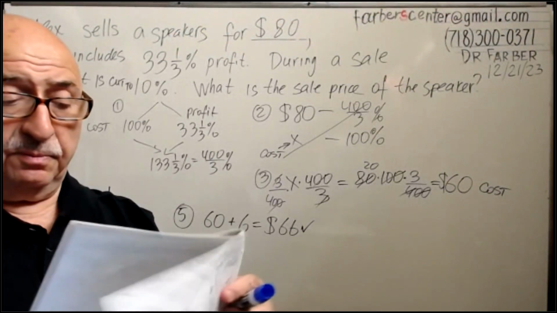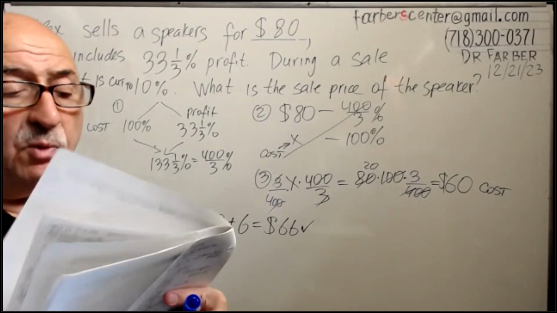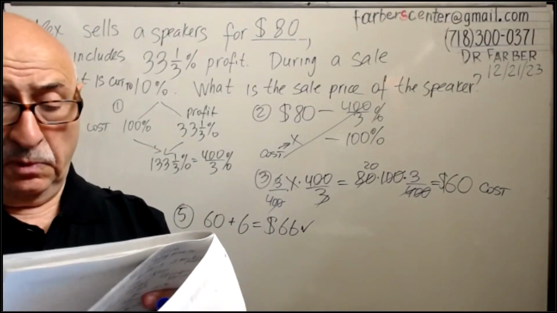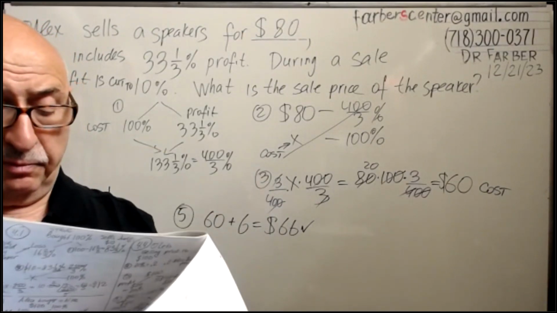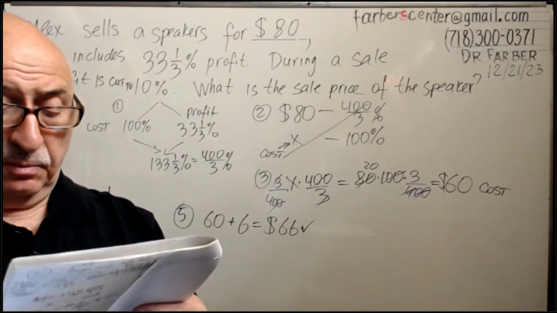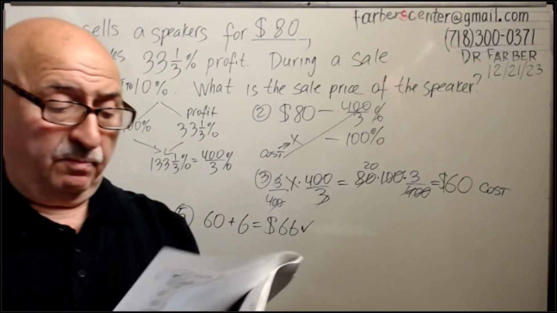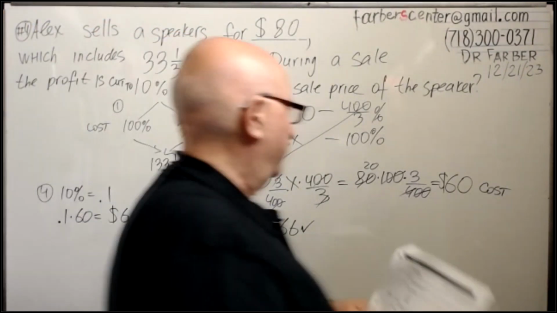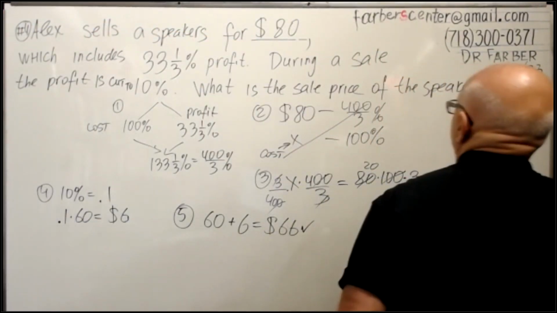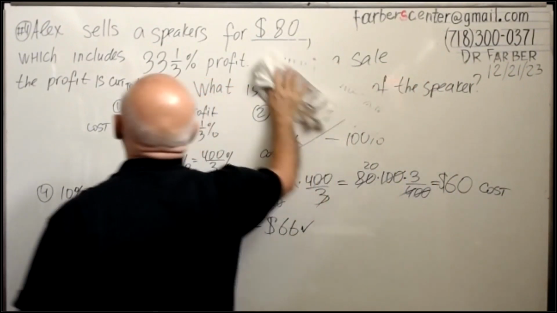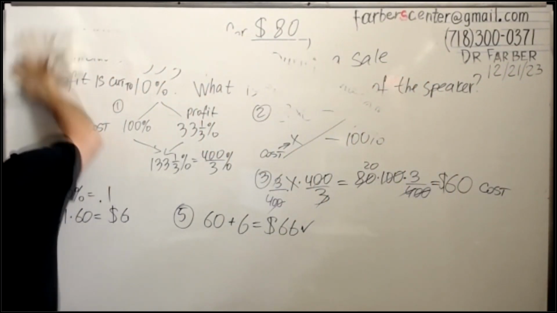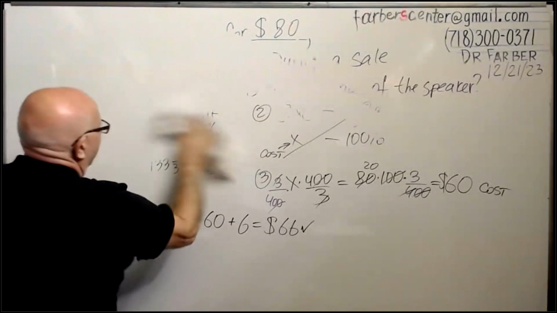So this was the second topic, profit and loss. And we have 15 more minutes. Now we're going to go to topics we know perfectly, right? This is about taxes. I give you a problem.